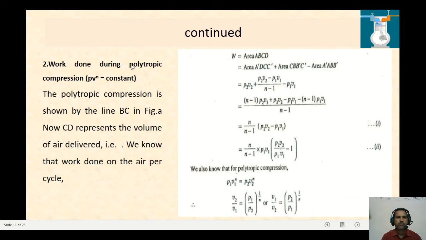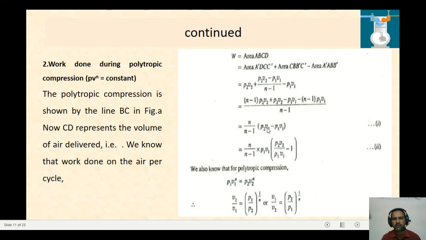So next for the polytropic process, that is PV raised to n equals constant. n is the polytropic index, and we find this by considering the area A, B, C, D. And if we put the values, finally we will get equations 1 and 2, that is n by n minus 1 into P1 V1 times P2 V2 divided by P1 V1 minus 1.